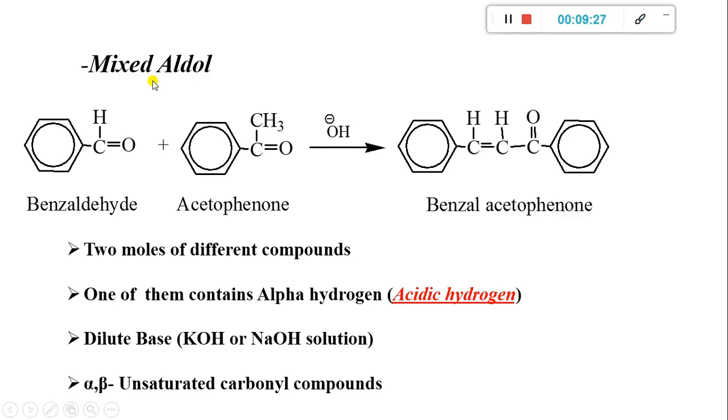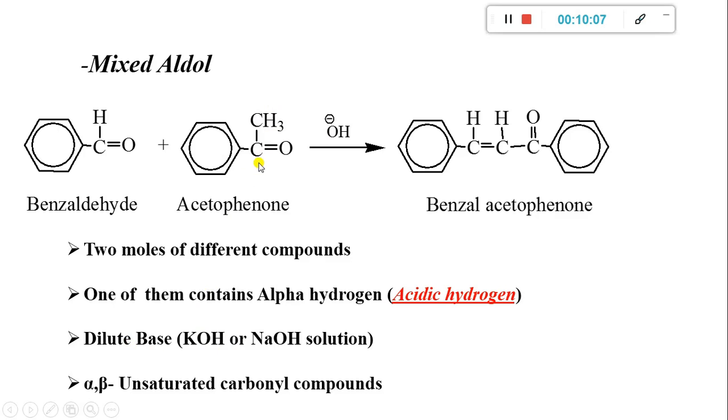Mixed or cross aldol differs because we have two moles of different compounds, not the same, but at least one of them contains an alpha hydrogen, an acidic hydrogen. So different starting materials, different aldehyde or ketone, doesn't matter, but at least one of them contains an alpha hydrogen.